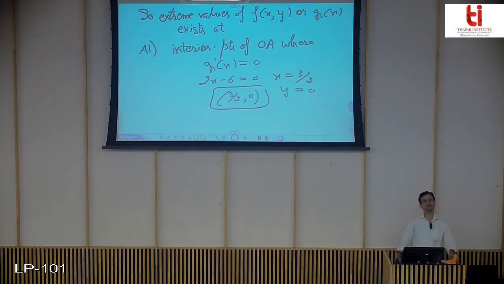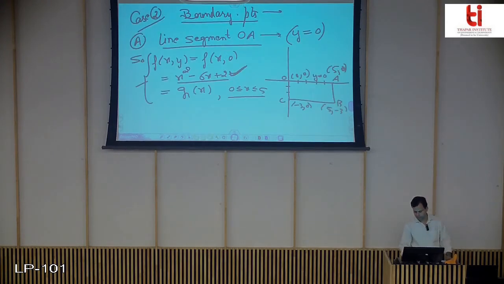So this is the interior point of line segment OA, and you can see this is 1.5 comma 0.